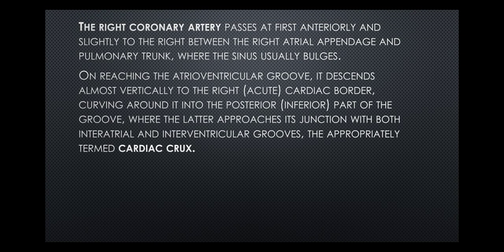On reaching the atrioventricular groove, it descends almost vertically to the right cardiac border, curving around it, as you have seen earlier, into the posterior part of the groove, where the latter approaches its junction with both the interatrial and interventricular grooves. This is called the cardiac crux.